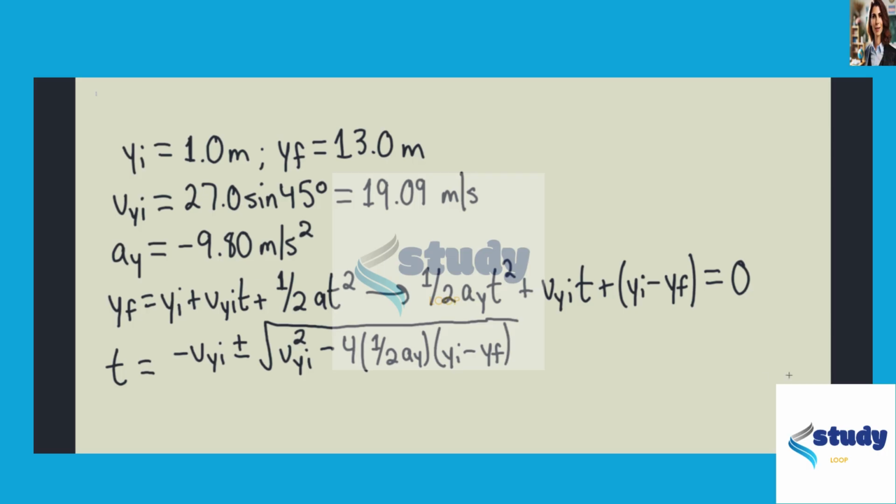And then this will all be divided by 2 times 1/2 a sub y, so essentially the acceleration in the y direction. This would be the acceleration due to gravity, and we can solve.